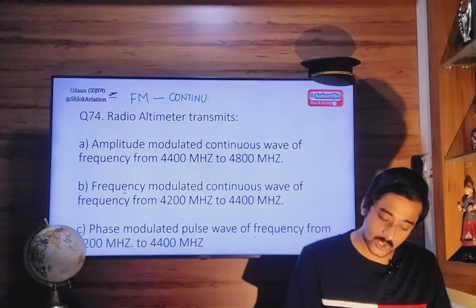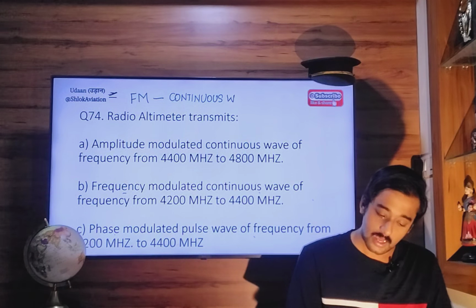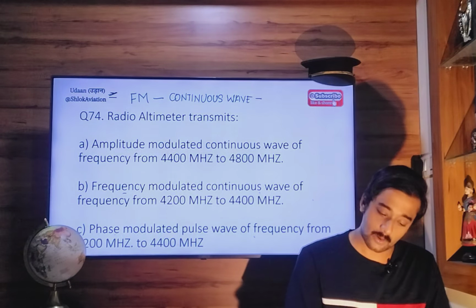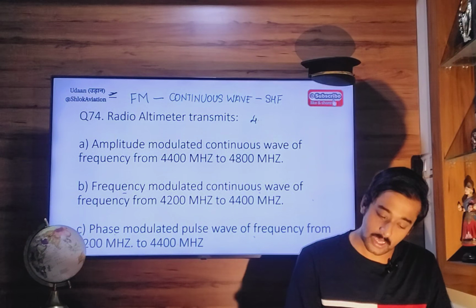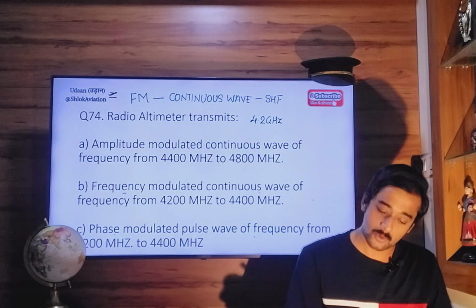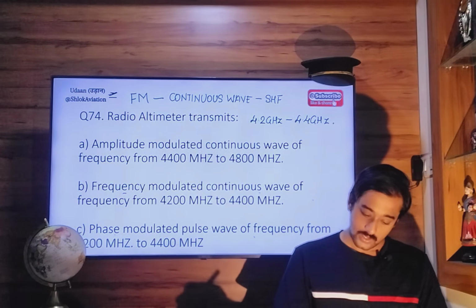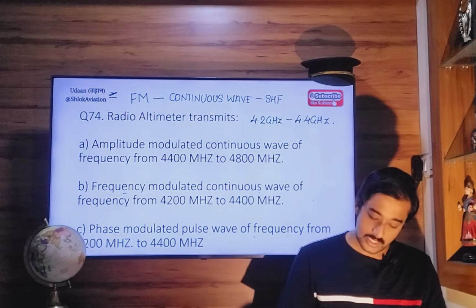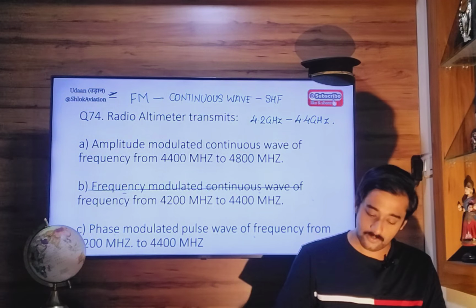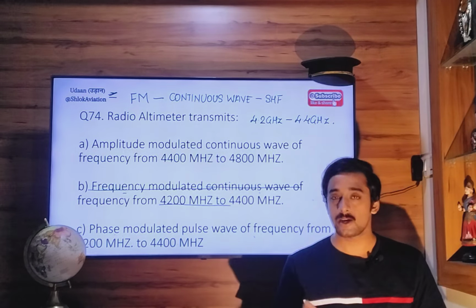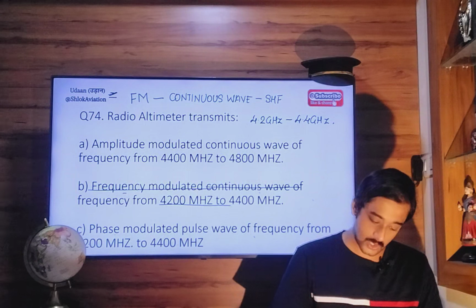The frequency band is the super high frequency band, starting from 4.2 gigahertz up to 4.4 gigahertz. Frequency modulated continuous wave, 4.2 gigahertz is nothing but 4200 megahertz. So option Bravo.